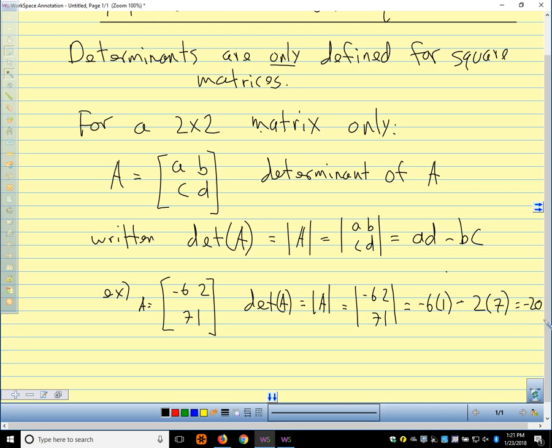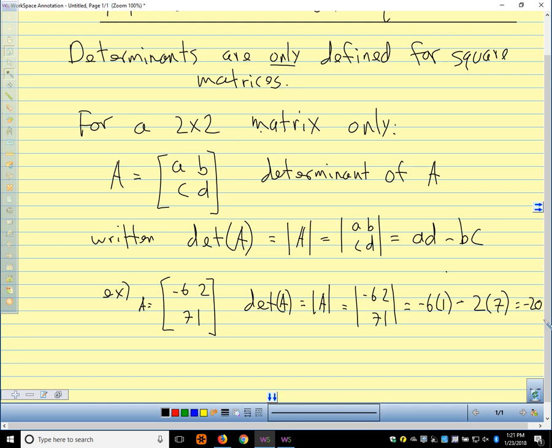We can kind of sort of think about it as like the absolute value of a matrix, but the straight bars just mean determinant when we're talking about matrices. So what is a determinant? It doesn't represent any kind of physical thing about the matrix.